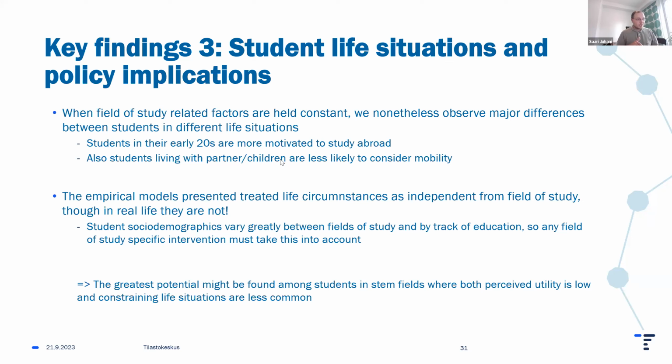This leads us to conclude that this is where the biggest potential for increasing our national mobility figures is greatest. So any interventions trying to reassess the perceived benefits of mobility might want to focus their attention on students in those fields.